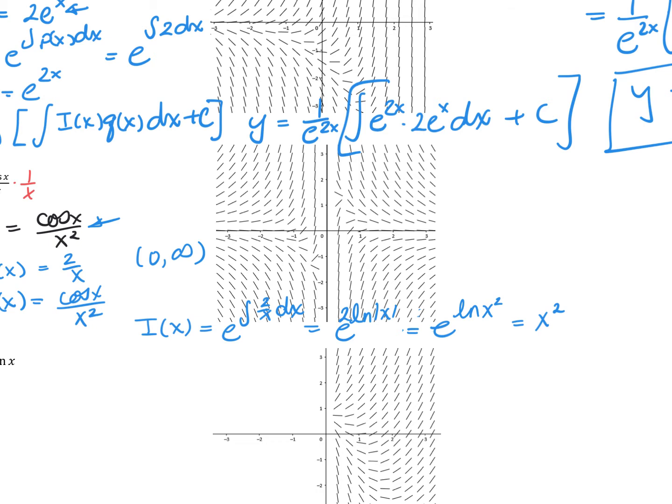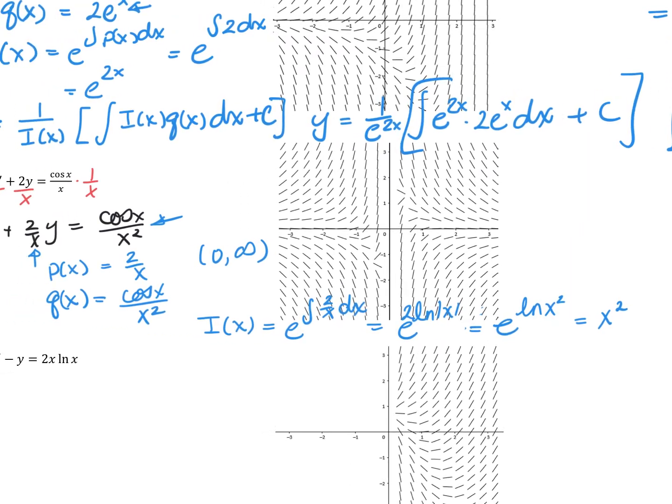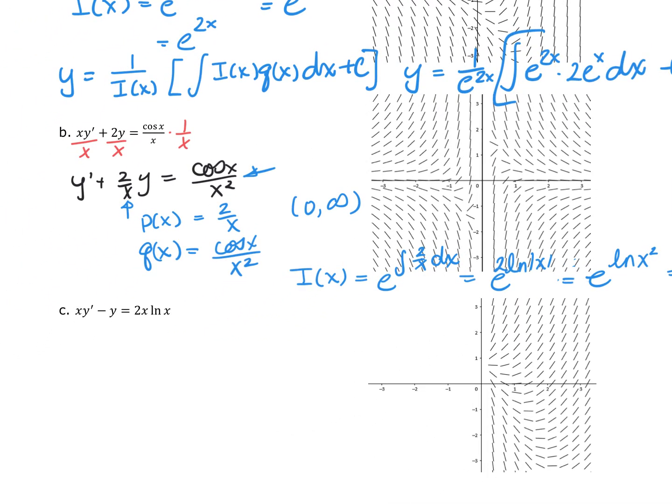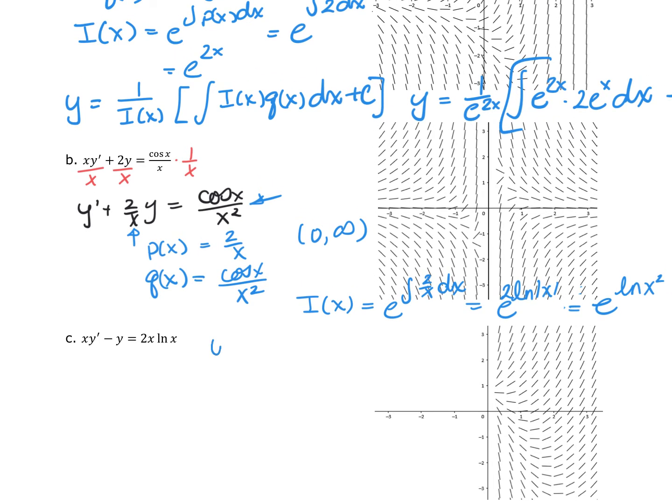That's my integrating factor. So then if I go back to my original equation here and do like I did before, my y is equal to 1 over my integrating factor, the integration of my integrating factor, q of x dx plus c.